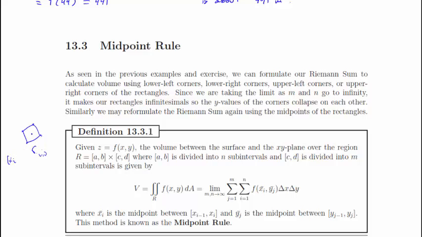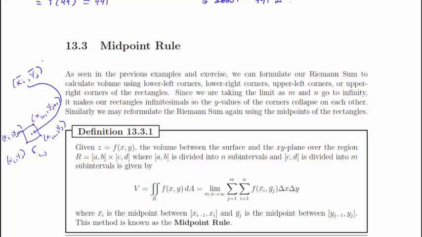This is x sub i, y sub j. This is x sub i plus 1, y sub j. This is x sub i plus 1, comma, y sub j plus 1. And this is x sub i, comma, y sub j plus 1. Then this point here, we're going to call x sub i bar, comma, y sub j bar.